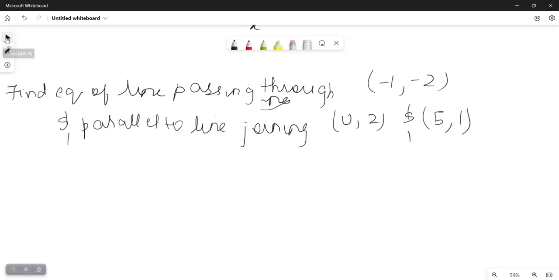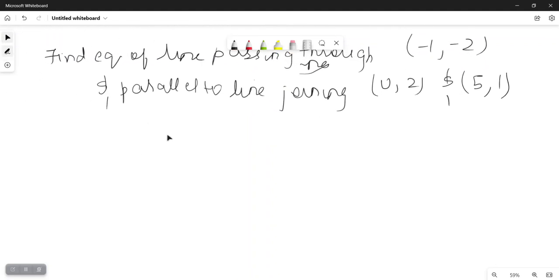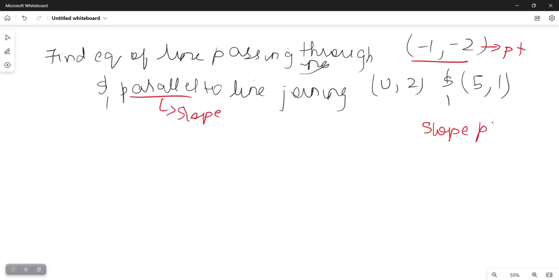Okay, so basically in our case what is happening is we have to find the equation of a line which passes through a point, this is a point, and is parallel. Now parallel is nothing but slope. So basically we have to use something called the slope point form. But there is a slight problem.